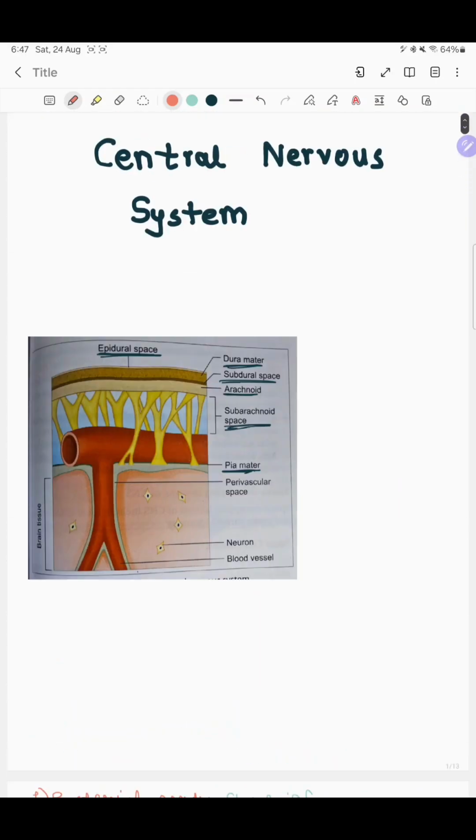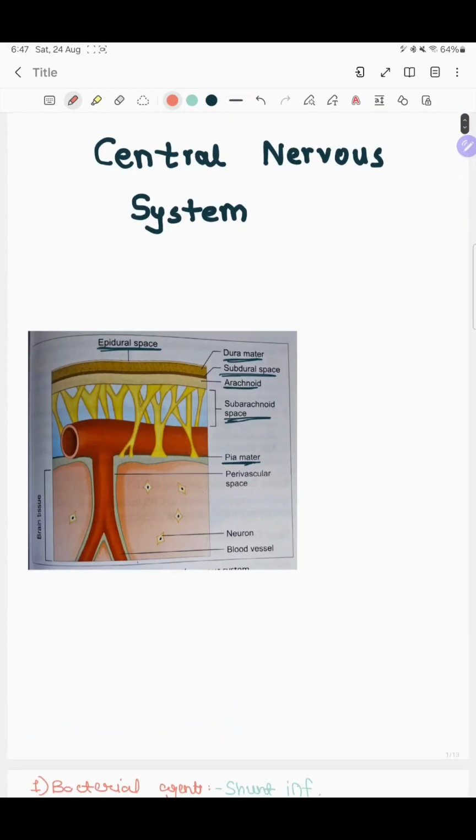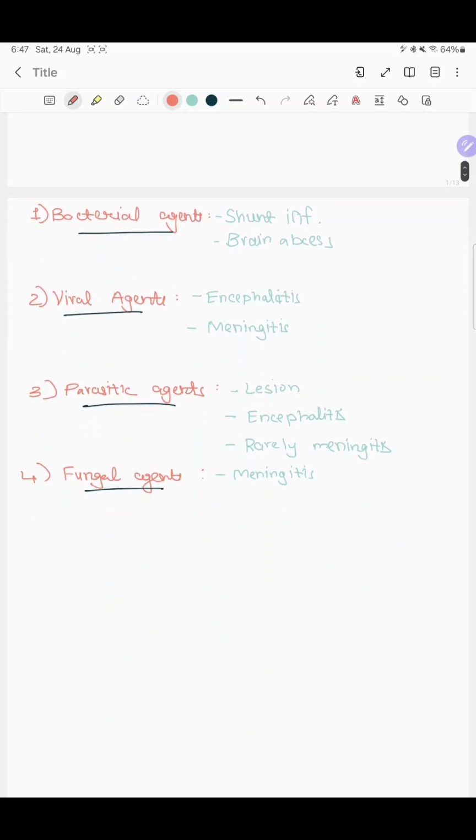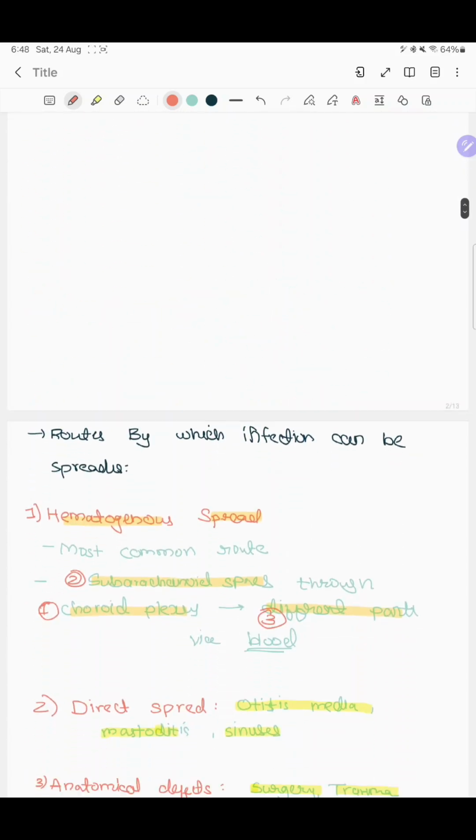Now we're going to start with meningitis. First we'll just revise the basics. In the CNS, there are mainly three layers: the dura mater, the arachnoid, and the pia mater. There are mainly four agents which cause CNS infections: bacterial, viral, parasitic, and fungal agents.